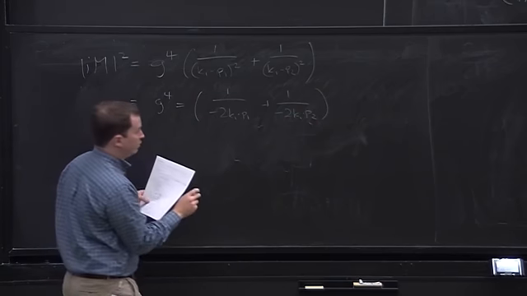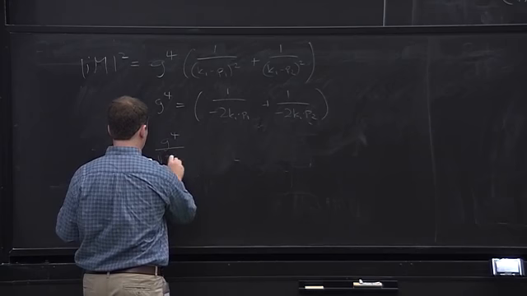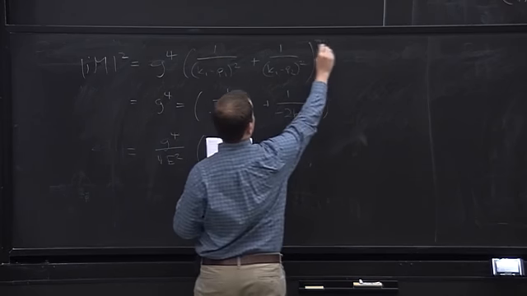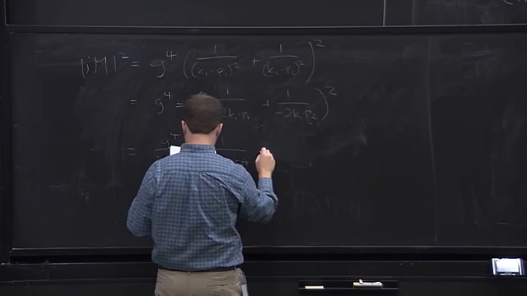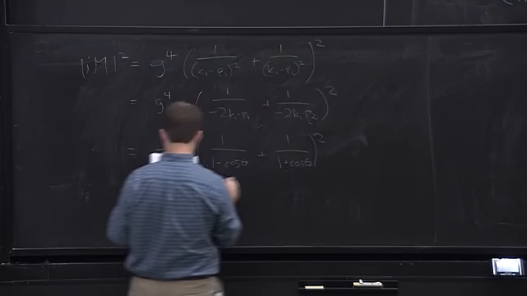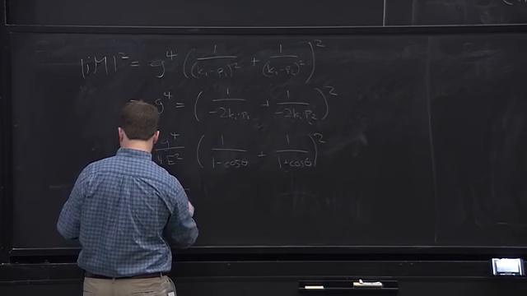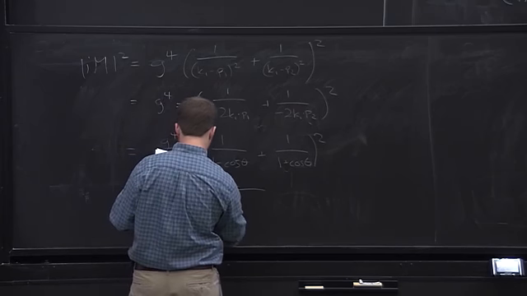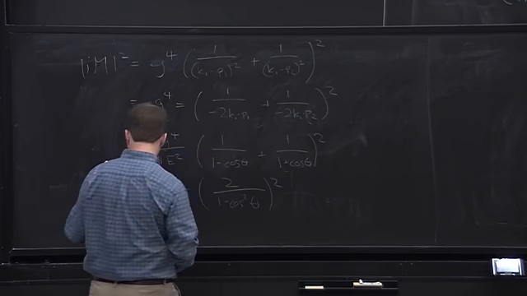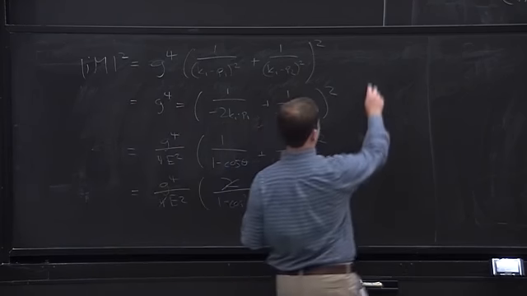And using our results for k1·p1 and k1·p2, this is e⁴ over 4E², times 1 over (1 − cos θ) plus 1 over (1 + cos θ), all squared, which is e⁴ over 4E² times 2 over (1 − cos²θ), squared. And so we get rid of this 2 and this 4, and we get our final result.